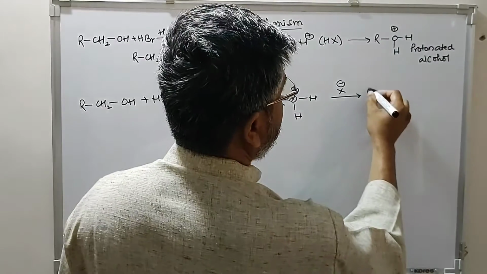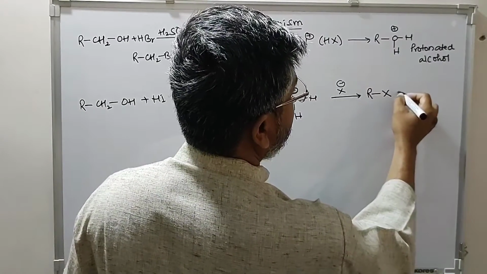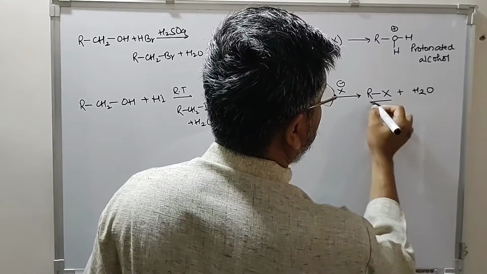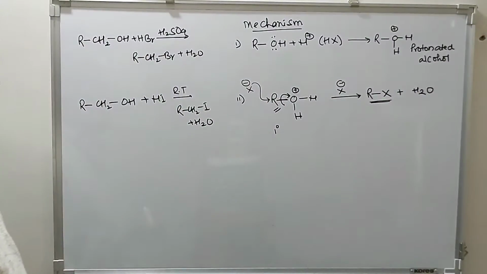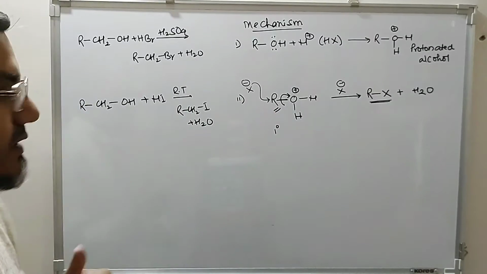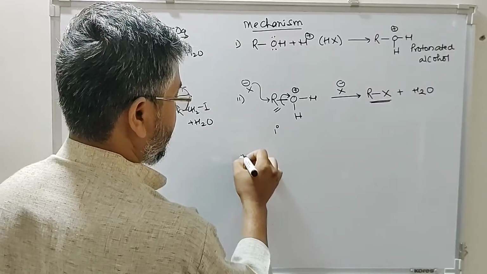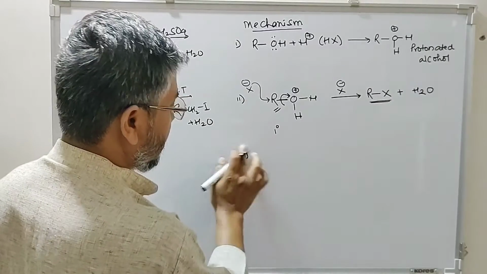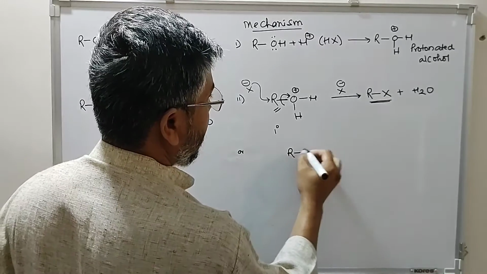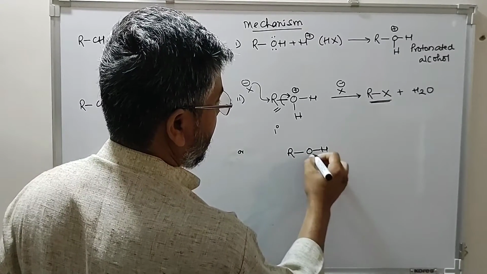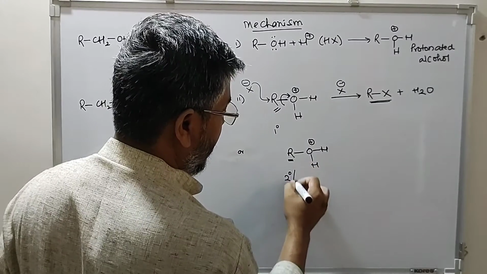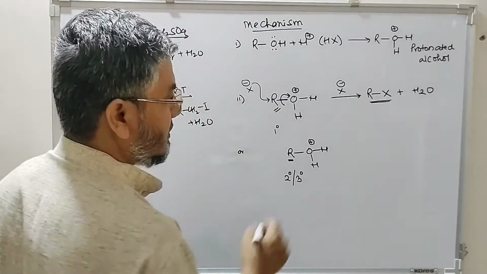This gives you RX plus H2O. This is the product formed. But if the alkyl group happens to be secondary or tertiary, then look at this.